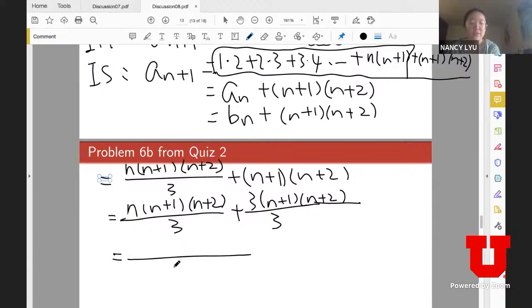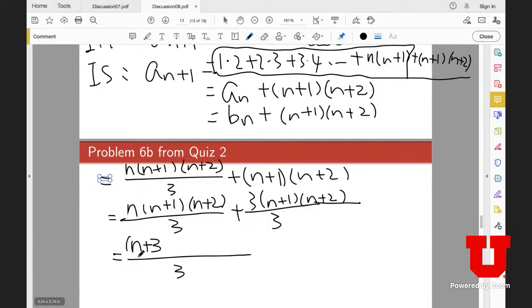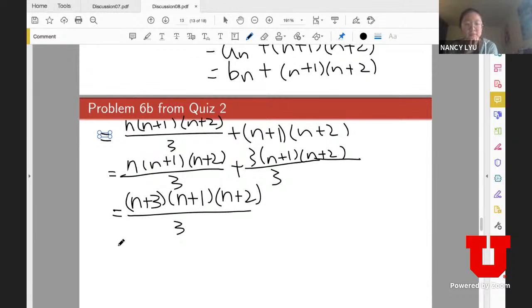If you add these two together, that would give you n plus 1, n plus 2, times n plus 3 over 3. And this is equal to B of n plus 1. And we're done.